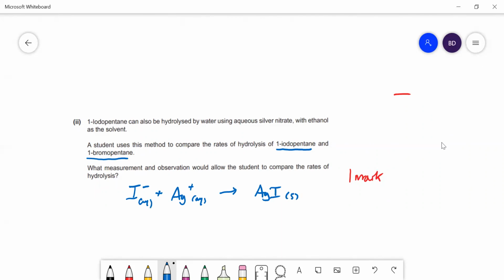It's a yellow precipitate, so it will go cloudy, and the same will happen with the bromopentane. You get Br minus, and you'll get a cream precipitate of AgBr. So you would time how long it takes to go cloudy.